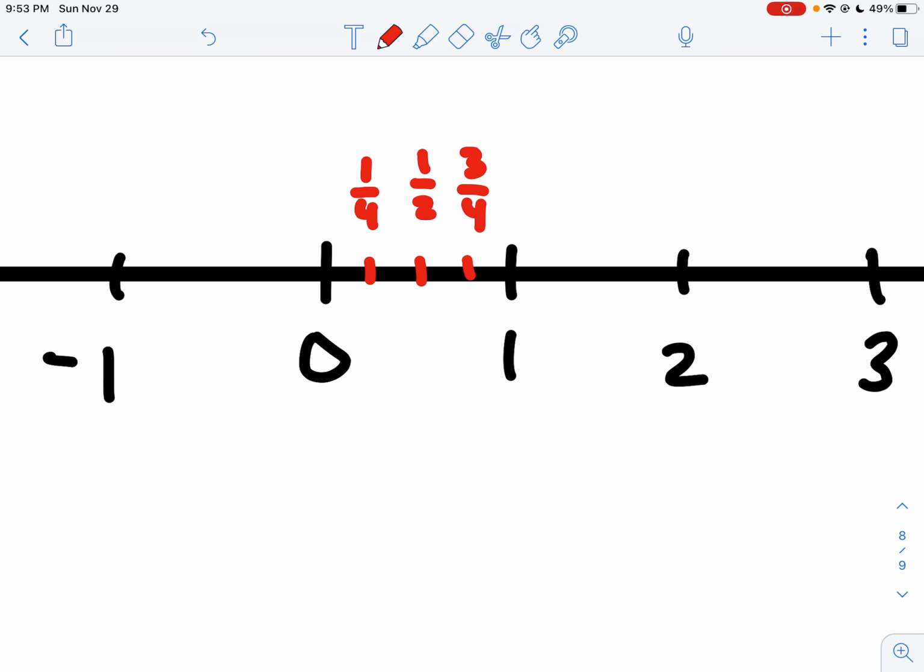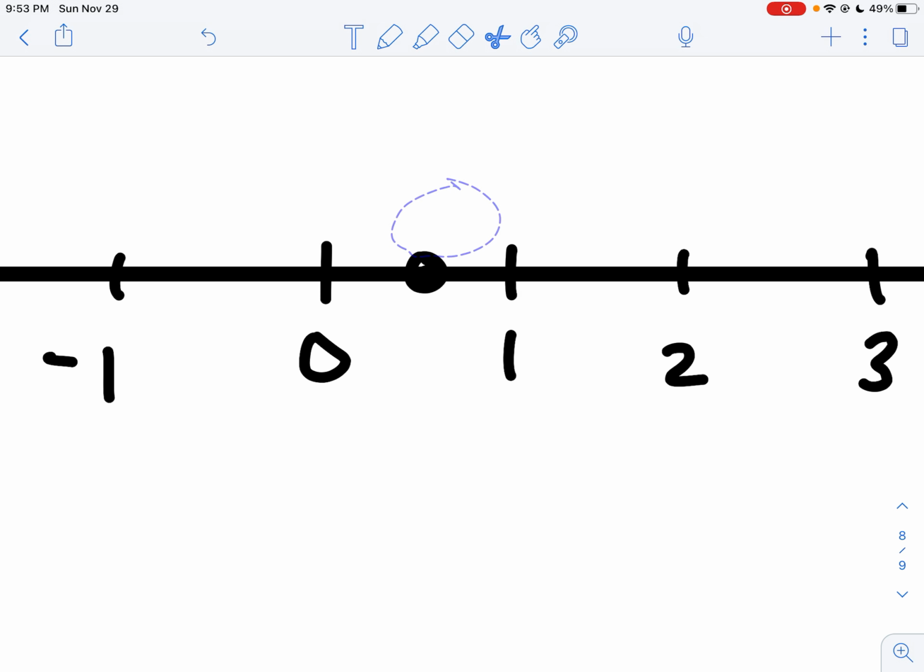But even between them, the more you keep zooming in, there are still more and more points. There are no gaps between the possibilities. This is a continuous number line, right?